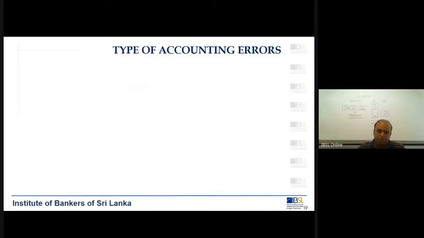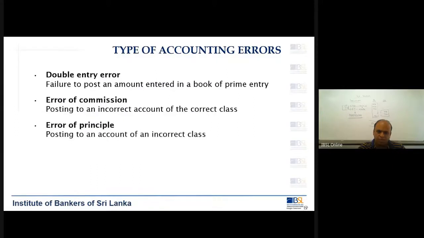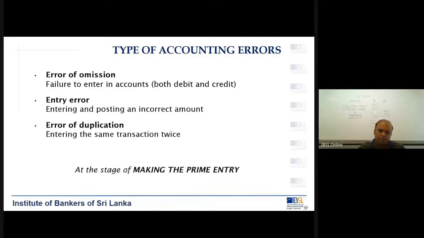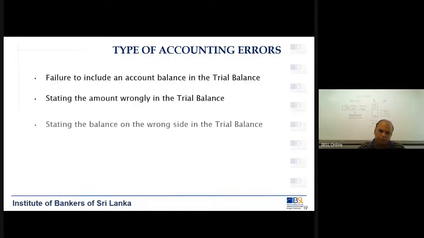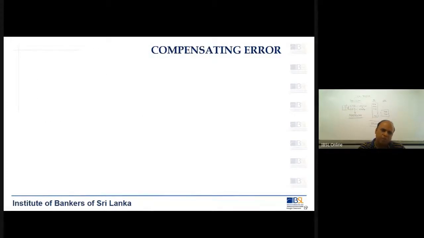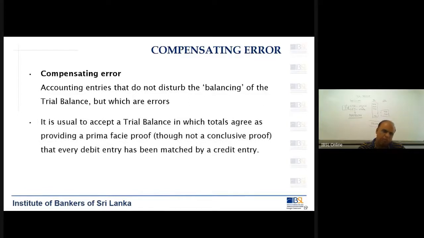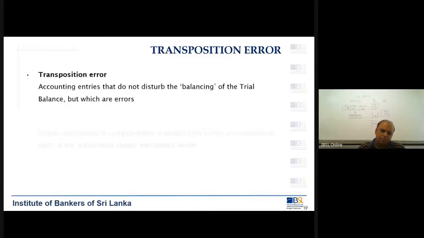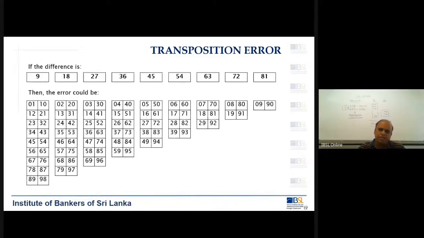It could be any of these. So you have to go and check one by one what type of error. Even this one could be one, but still you might not get detected. So other than the transposition error, any other error you might have to go back and look at in detail. Okay, so that is what transposition error is.